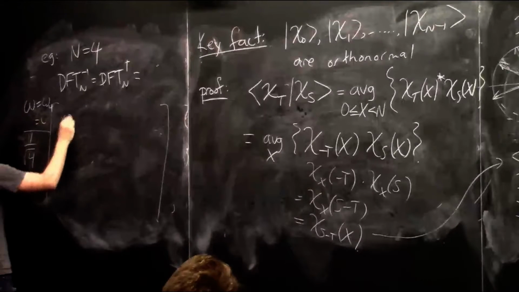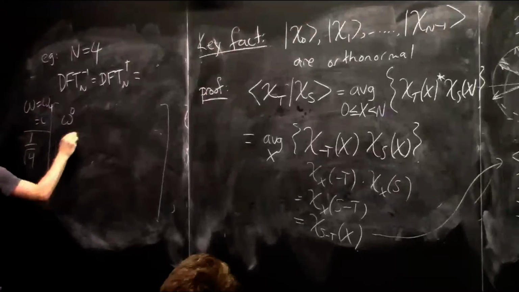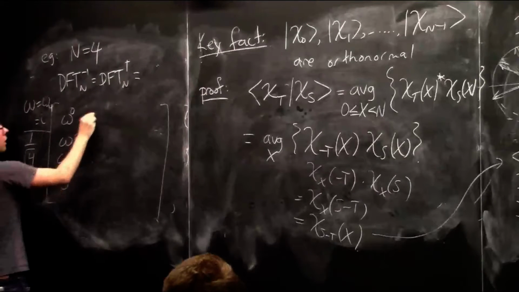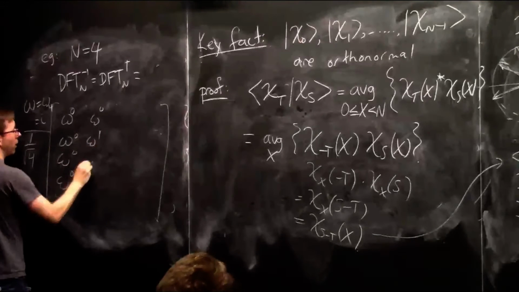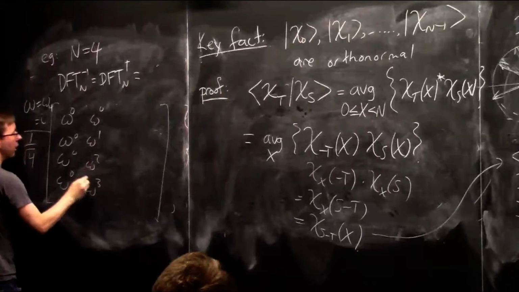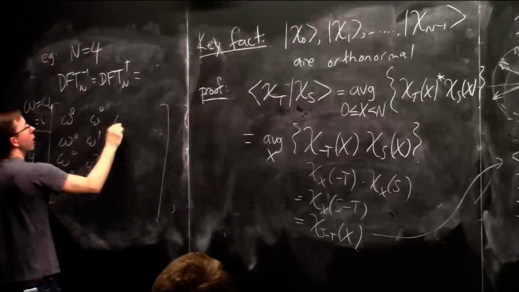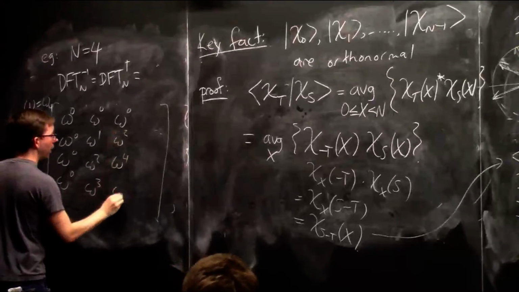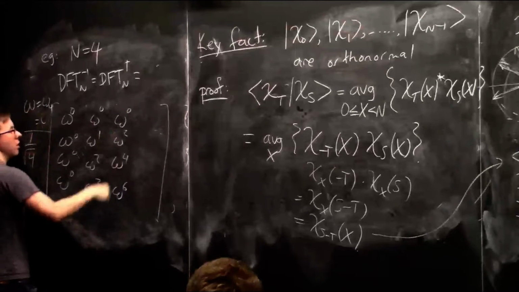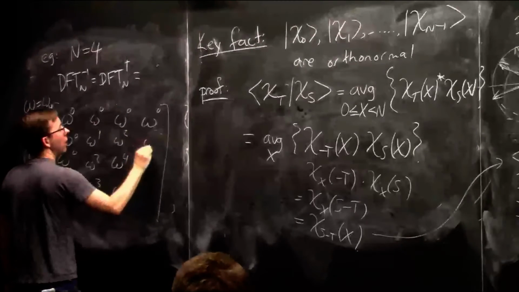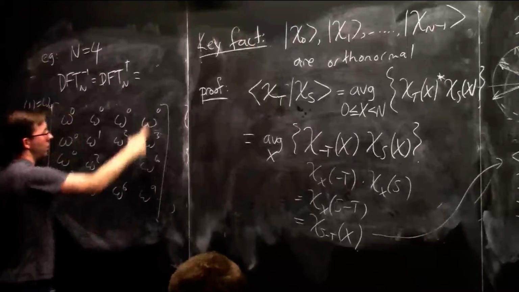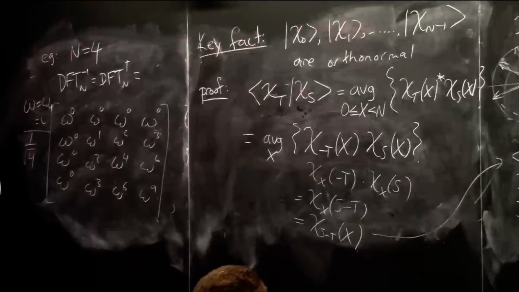The matrix looks like omega to the 0, omega to the 0, omega to the 0, omega to the 0. Those are all 1s, actually. Omega to the 0, omega to the 1, omega squared, omega cubed. These are the multiples of 1. Omega 0, omega 2, omega to the 4, omega 6. These are the multiples of 2. Omega 0, omega cubed, omega 6, and omega 9. These are the multiples of 3. So that's literally the matrix.